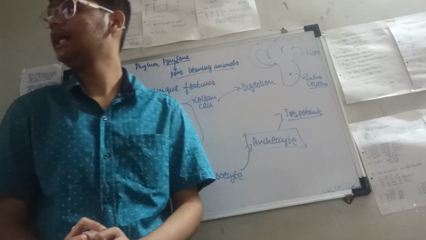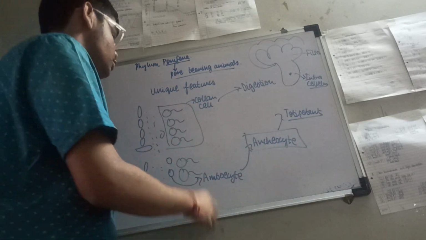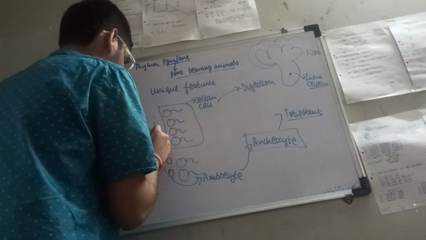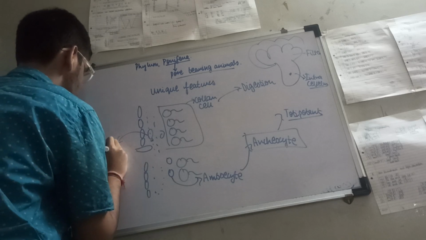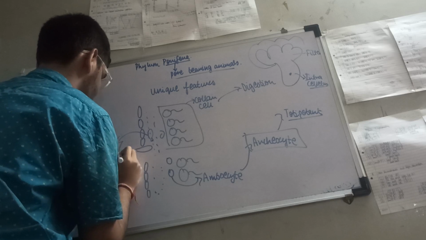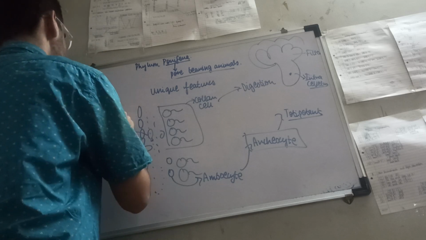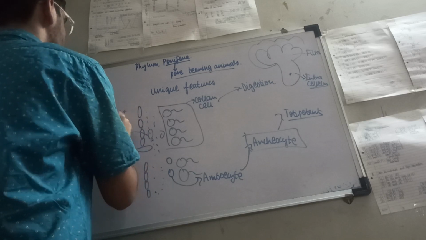Digestion is of intracellular type. Digestion is helped by choanocytes or collar cells. So here some spicules or spongin fibers are present. Spicules may be calcareous or siliceous.